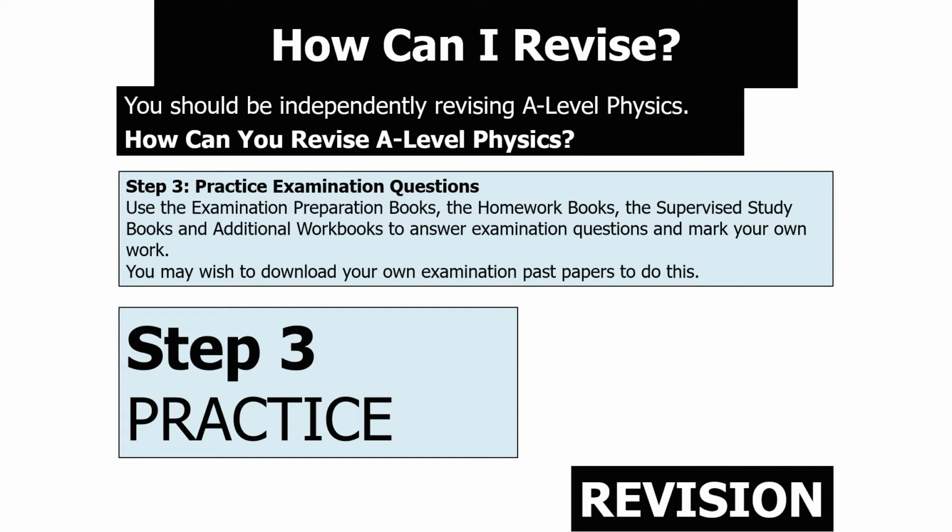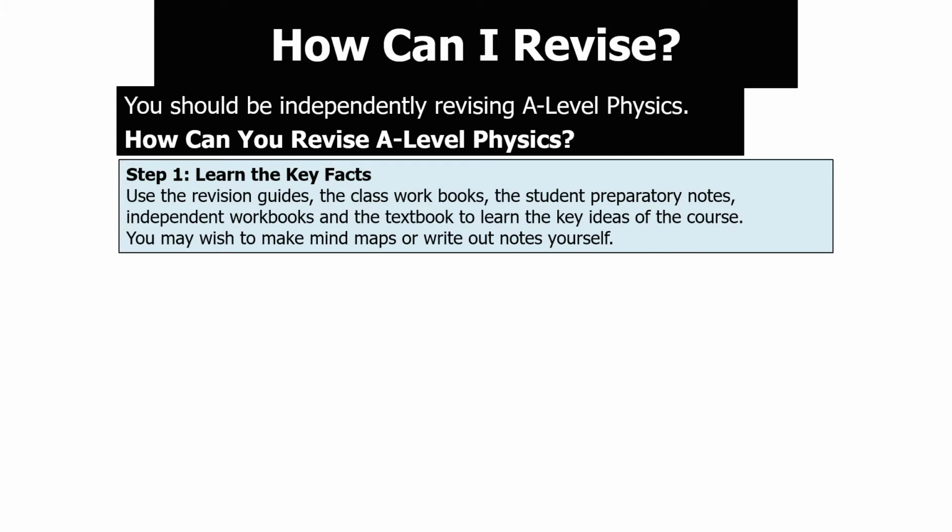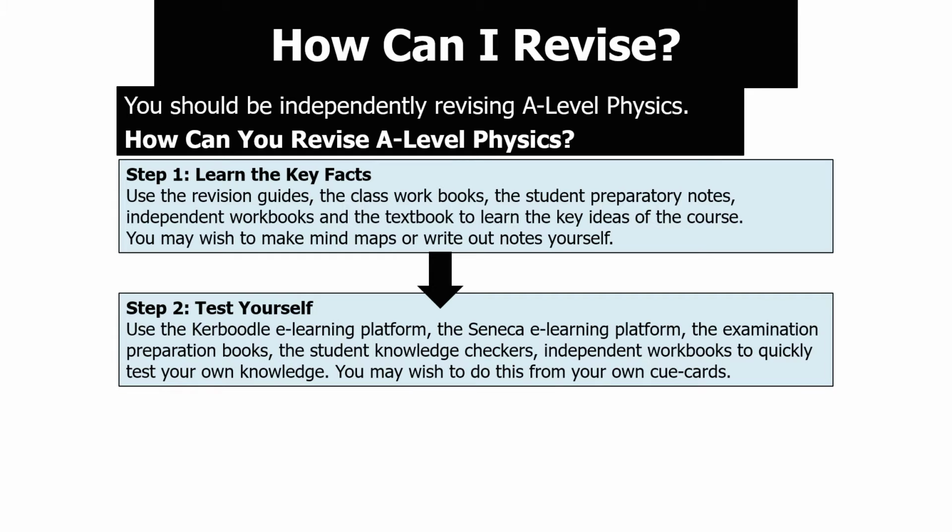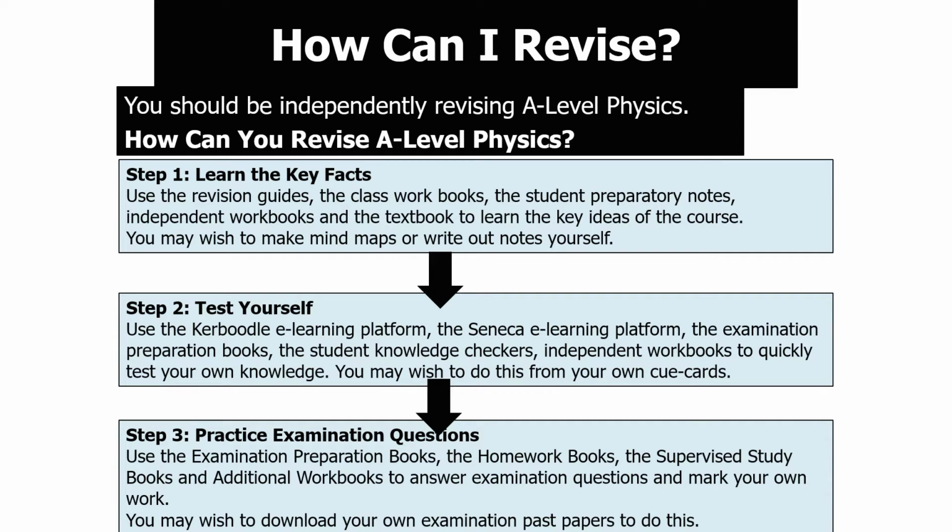The third step is to practice examination questions. Use exam prep books, homework books, supervised study books and additional workbooks to answer exam questions and mark your own work, and you might wish to download your own exam past papers to do this. So the three steps are: learn the key facts, test yourself, and practice examination style questions.